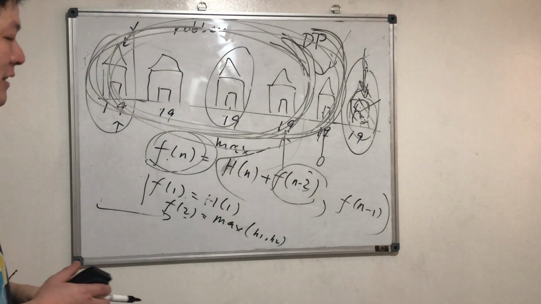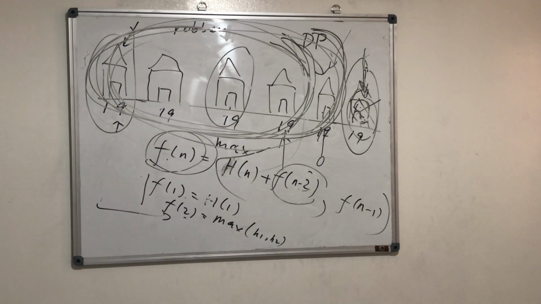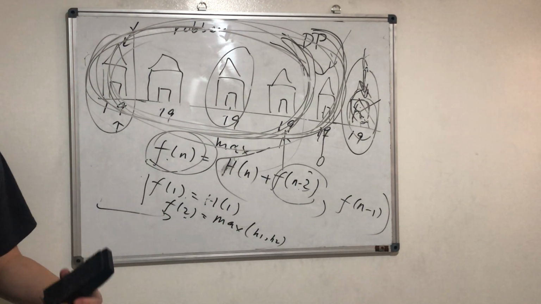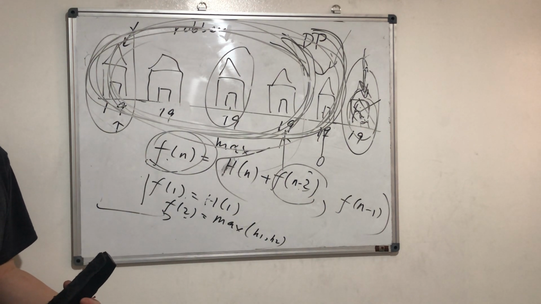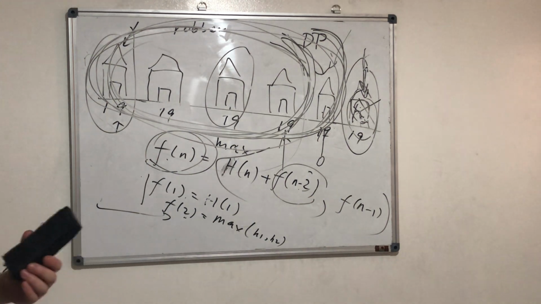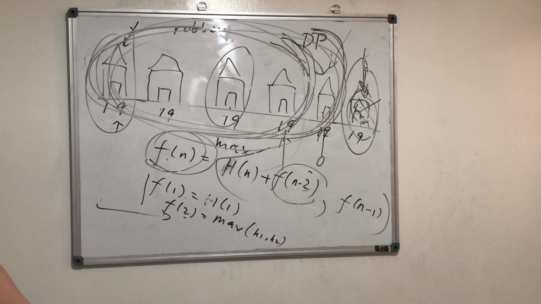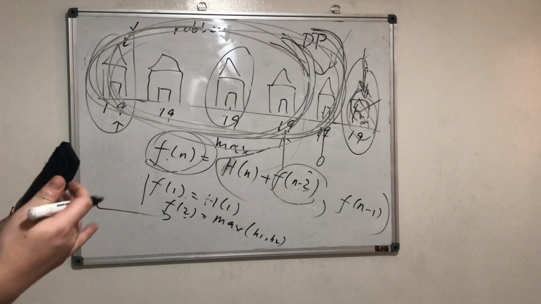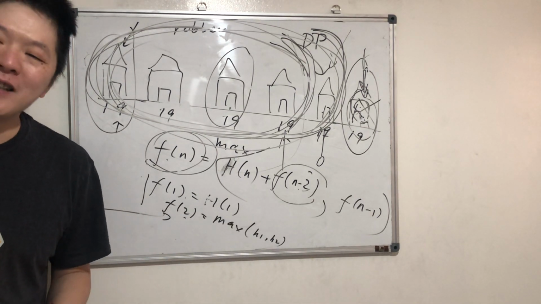What's the complexity if we're using the notebook? We are talking about the notebook memoization. What's the complexity? Oh, yeah, O(N). Why is it O(N)?